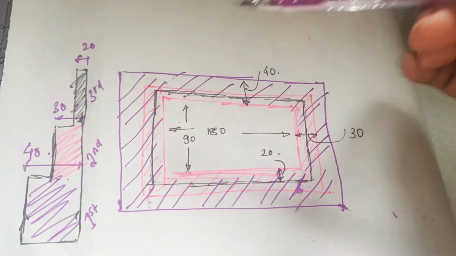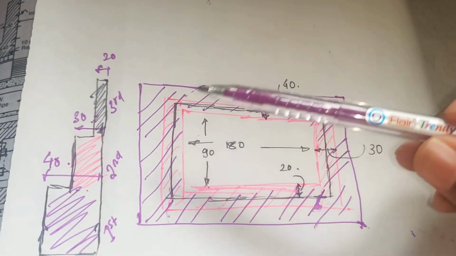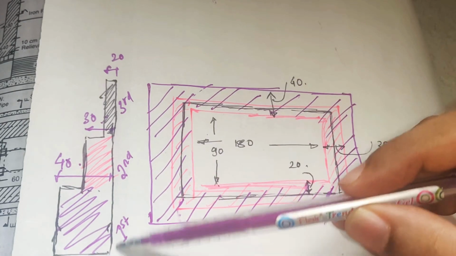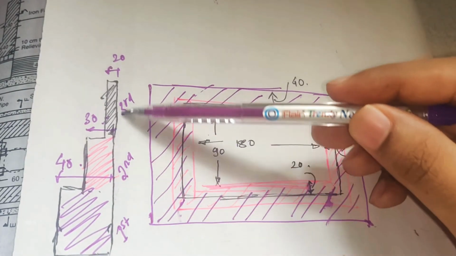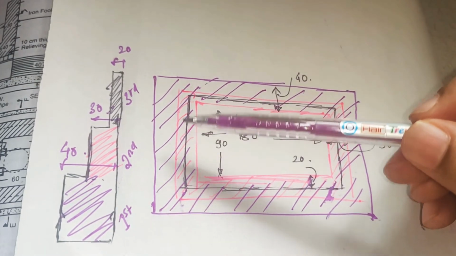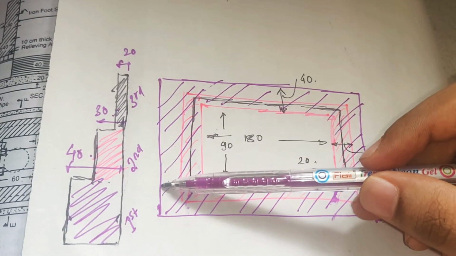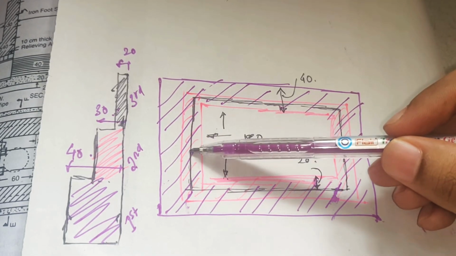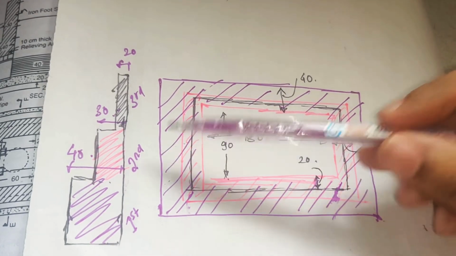If you look from the plan, this purple line is the 40 centimeter thick wall over which a 30 centimeter wall is resting, so that the inside face of the wall is in the same line. Right? So the variation is with respect to the outer face. So 40 centimeter wall, 30 centimeter wall and 20 centimeter wall. So 20 centimeter wall is rested over 30, 30 is rested over 40.